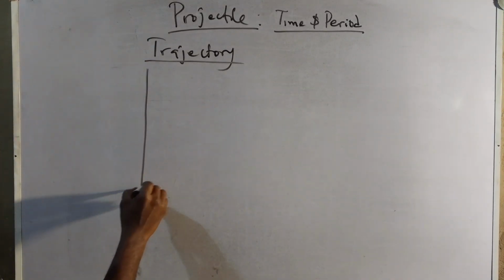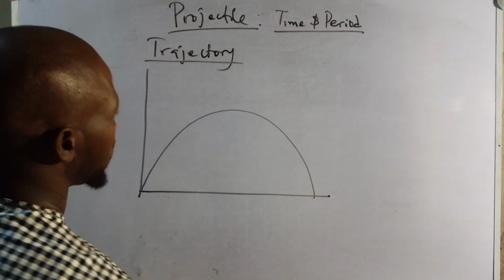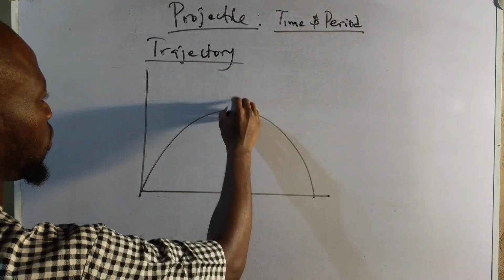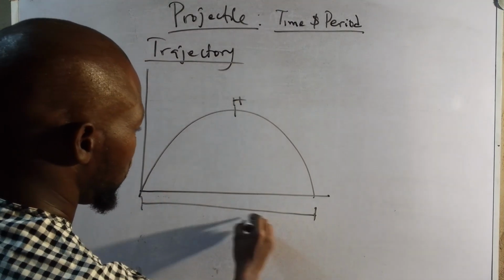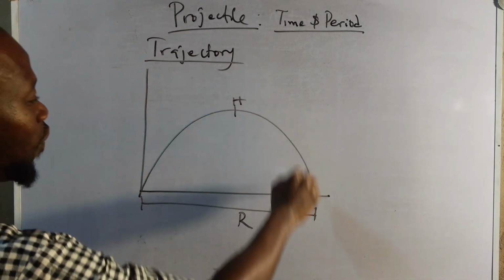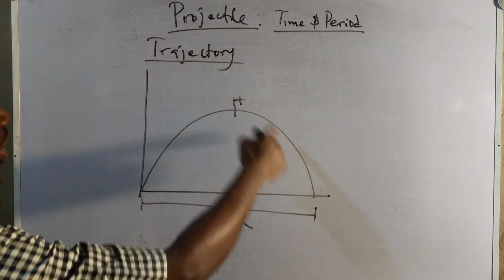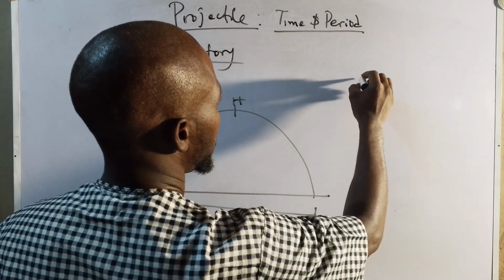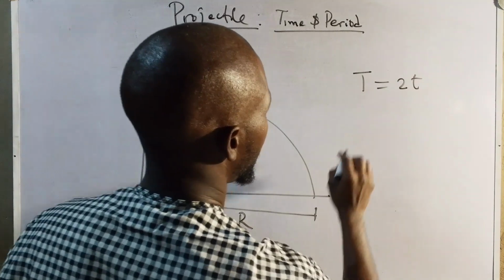Undergoing projectile motion. So this is an example of projectile, where this is your maximum height. From here to this is the range, and the time taken to cover the complete projectile is T, which is 2t.